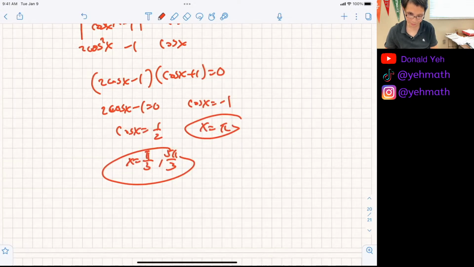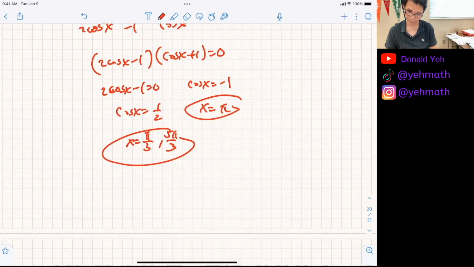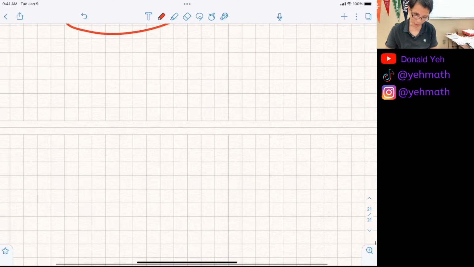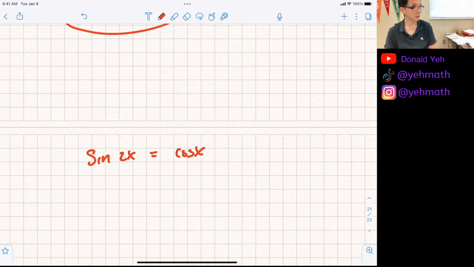Okay, so this is that. Does that make sense or no? Yeah. Okay. How about this? Sine of 2x equal to cosine of x. What's the best way to do this question? What do you do first?